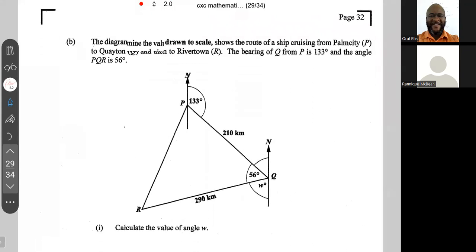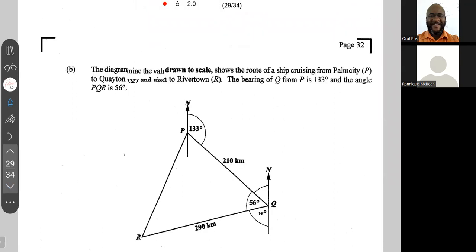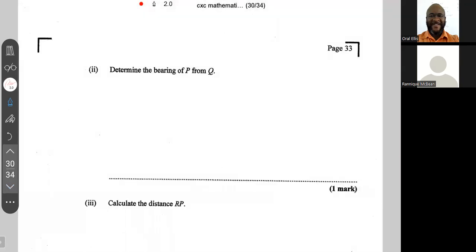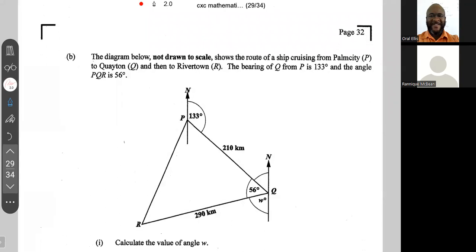So now we're at the B part of the question. Now, the B part of the question is on bearing. So let's get this proper. This says the diagram below, not drawn to scale, shows the route of a ship cruising from Palm City, P, to Quayton, Q, and then to Rivertown, R. The bearing of Q from P is 133 degrees, that is shown.